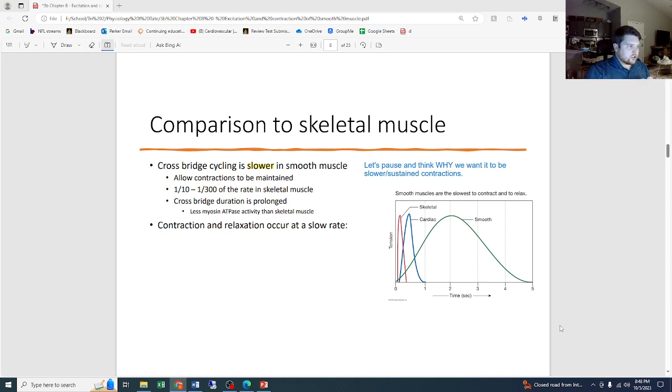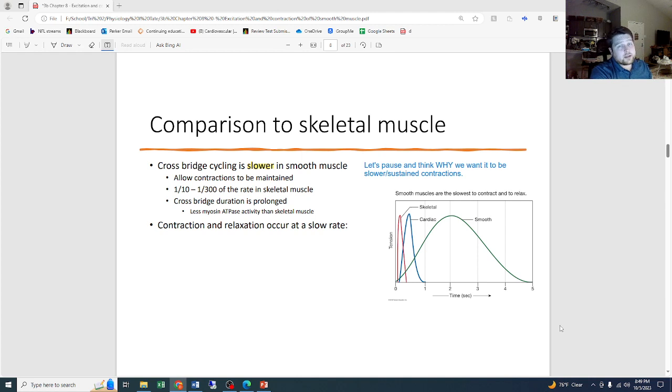When we breathe, we want to be able to take a really deep breath in and have the time to let it all the way out. We don't need that really fast movement in the GI tract. We don't want to eat something and have it just shoot through our system. We need it to move slowly and get crushed and squished in order for our intestine to absorb the nutrients in it. So we need that slower, more sustained muscle contraction.